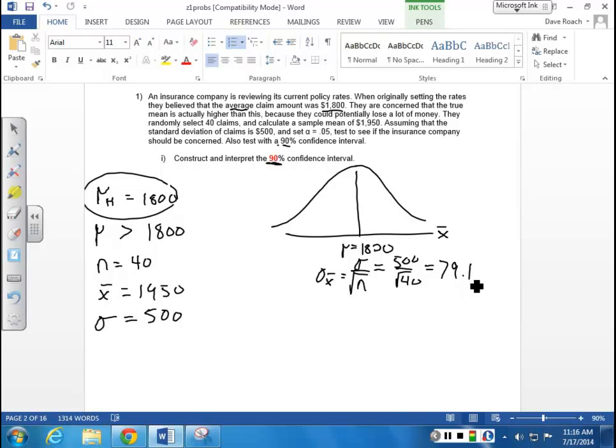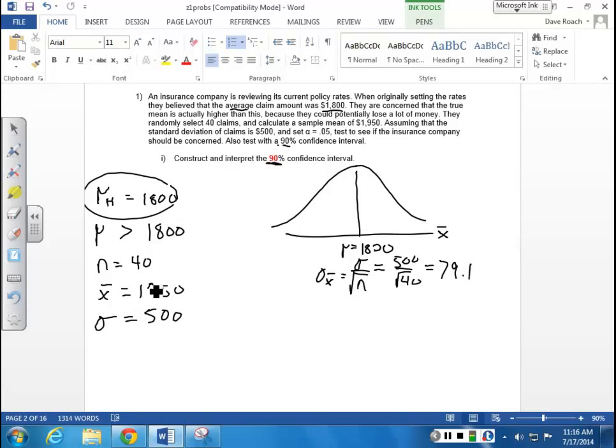So now what we're going to do is make an interval around this 1950. And since this is 90%, if you're in the classroom now, I have those on the board. I will be giving you a handout and posting that on Blackboard that has that summarized as well. And this week, we're going to do everything with 95 and 90% confidence intervals, and we will only use levels of significance of 0.05. So the 1.645 and 1.96 both go with levels of significance equal to 0.05.